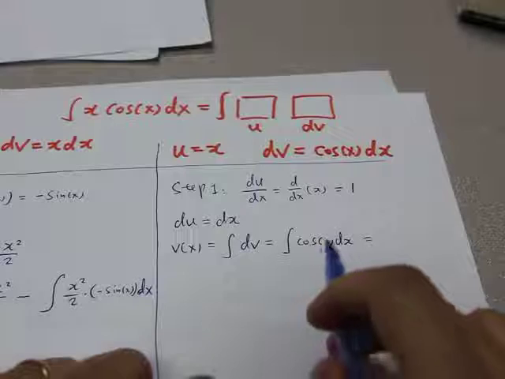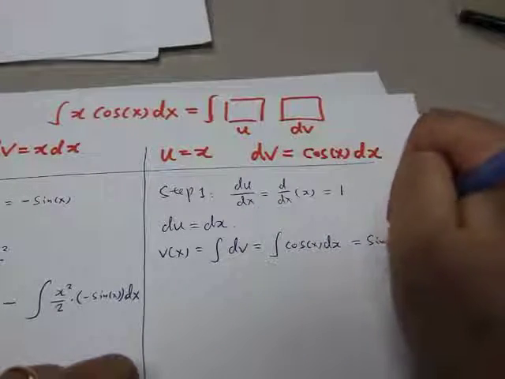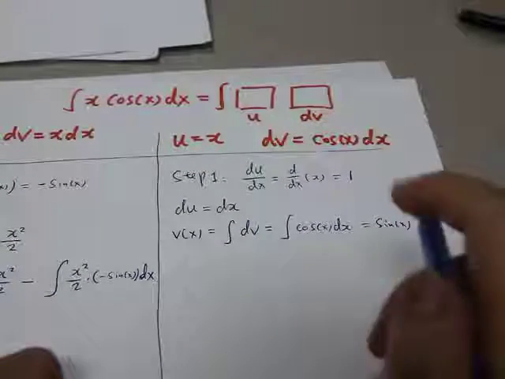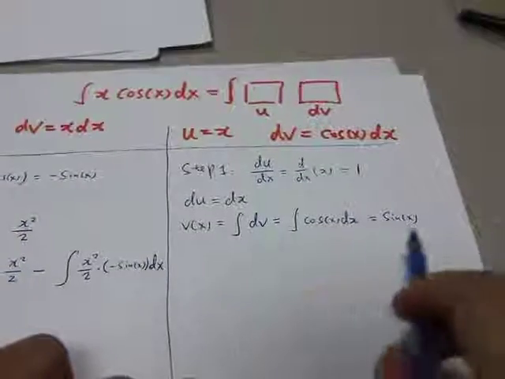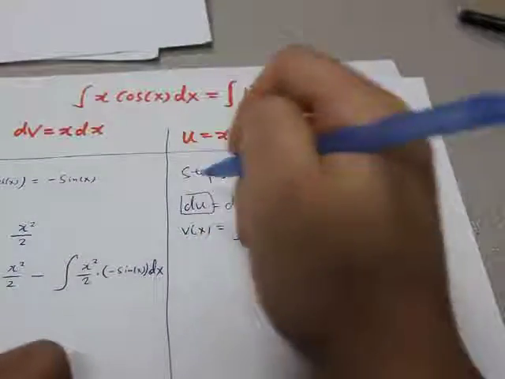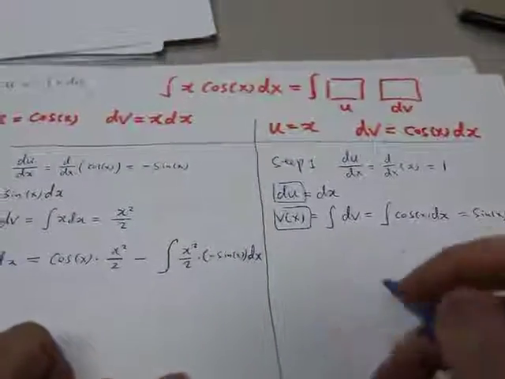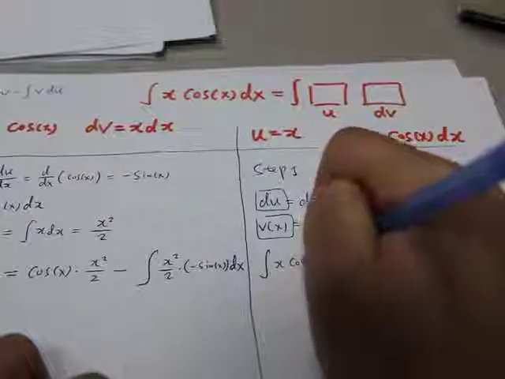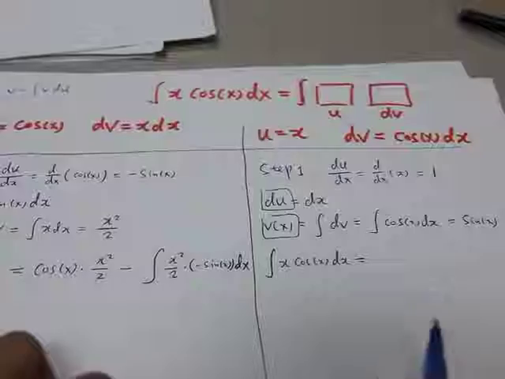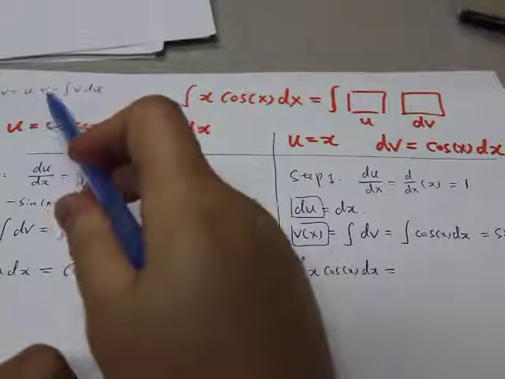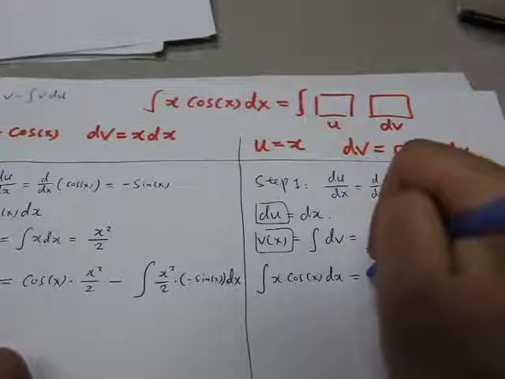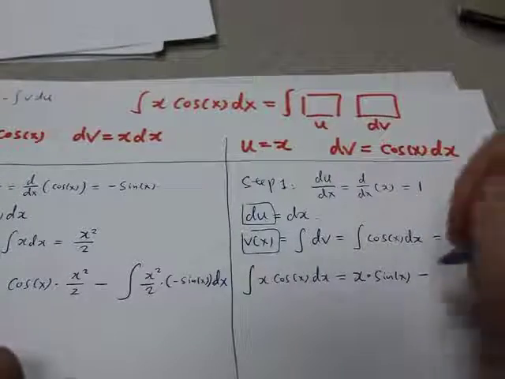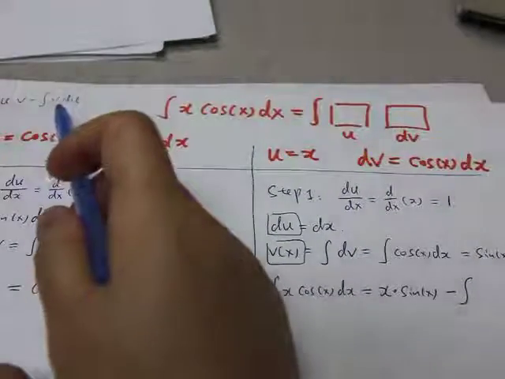Now, the integral of cosine x is sine x, right? Okay. So now, let's see. We found du, we found v of x. So this original integral, x times cosine x dx, the first term is u times v, right? u times v, which is x times what is v? Times sine x, and minus the integral of v times du.